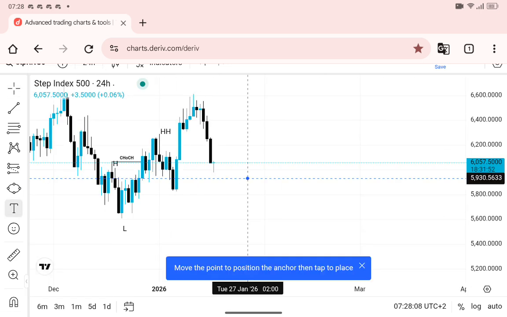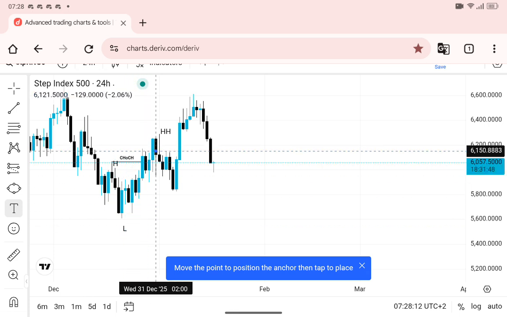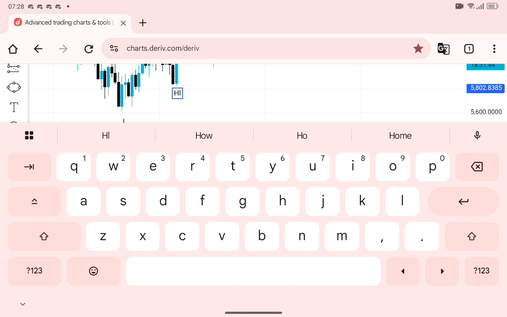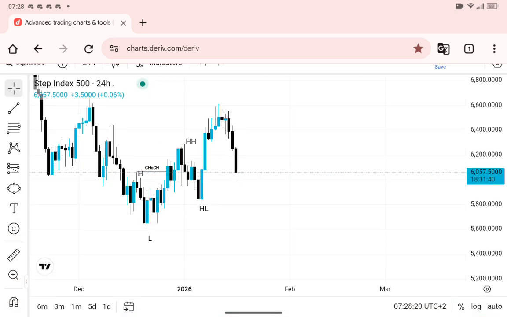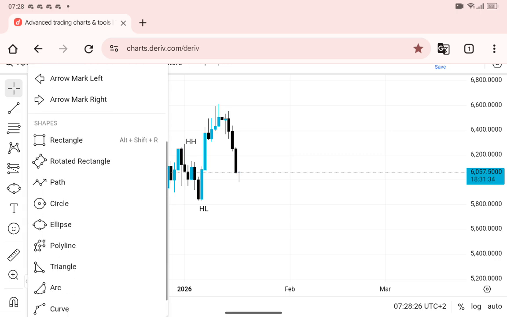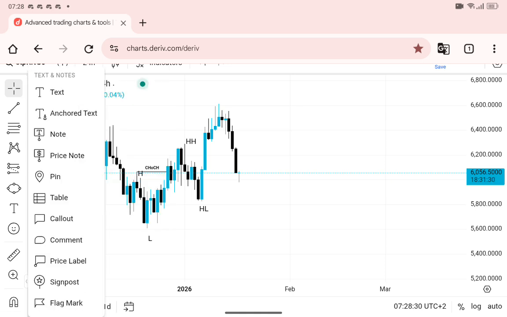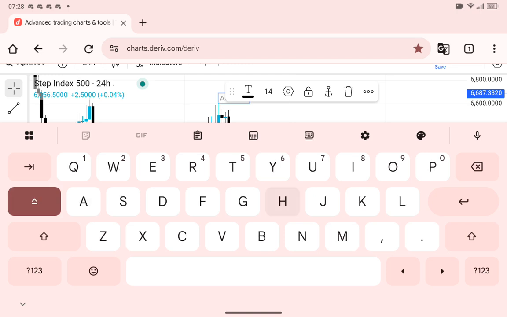After this high, instead of price taking this low, they retraced there, then they gave us a higher low. So with this information I've been giving you, you can see that from this higher low, these guys did what? They went up and gave us a higher high.